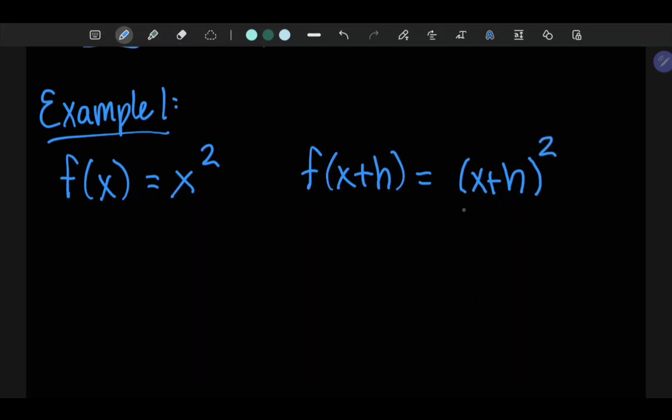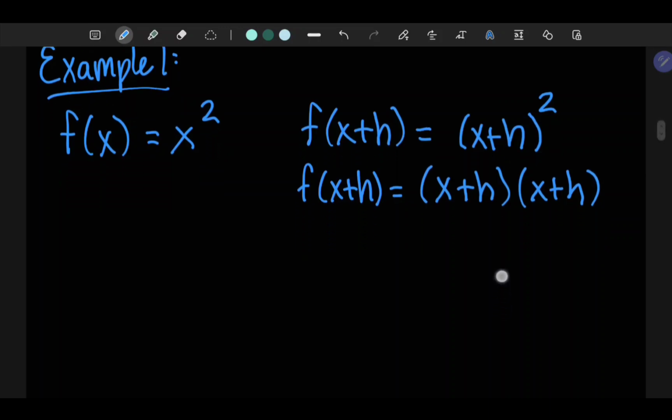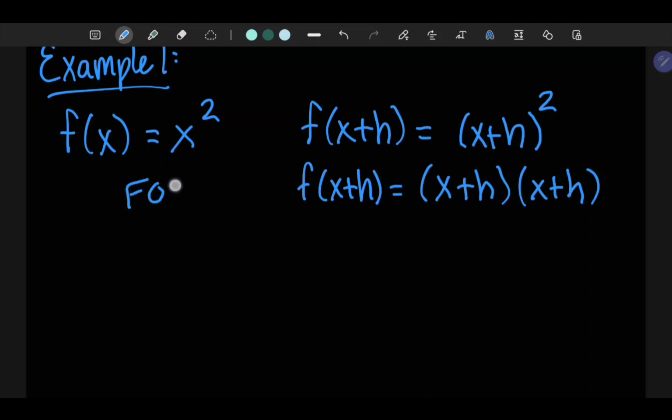Well, as you can see here, this can be simplified. But how? Well, this is the same thing as x plus h times x plus h, because that's all it means to be squared. Something times itself. So all we're going to have to do here is use the FOIL method. FOIL. So first, outside, inside, last.